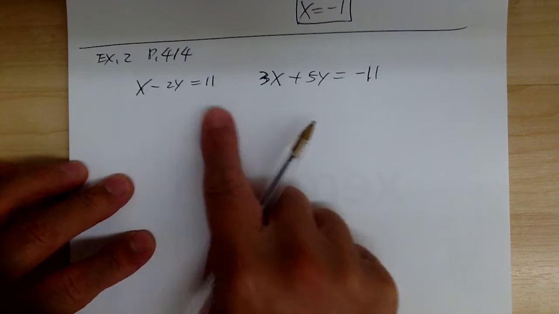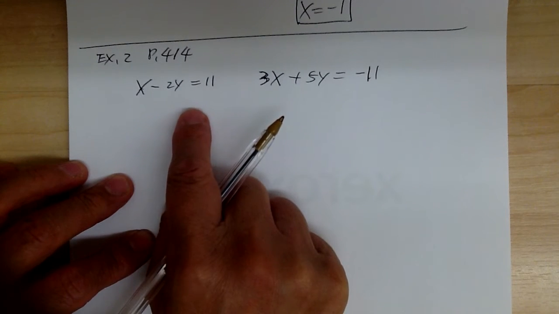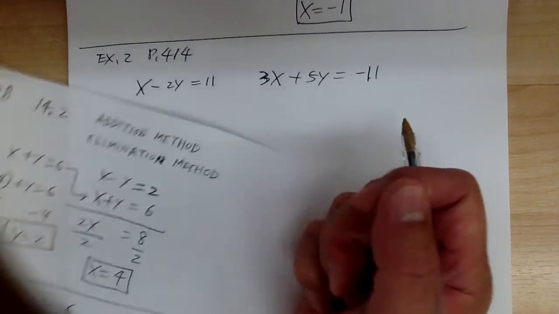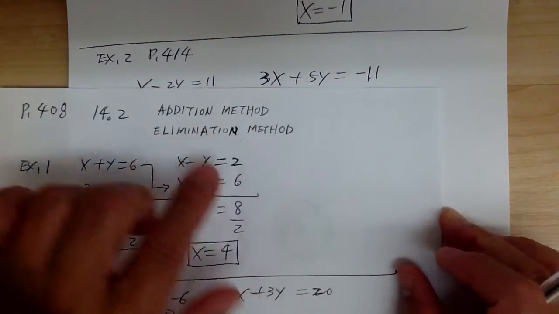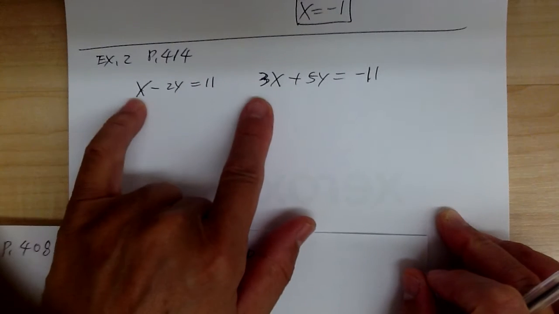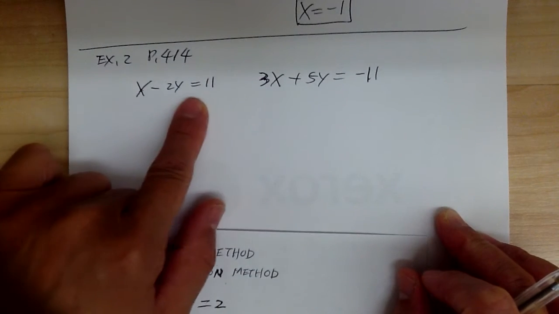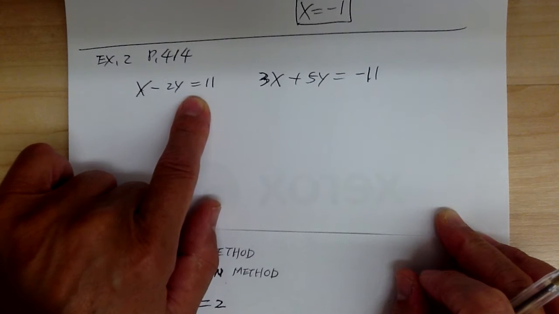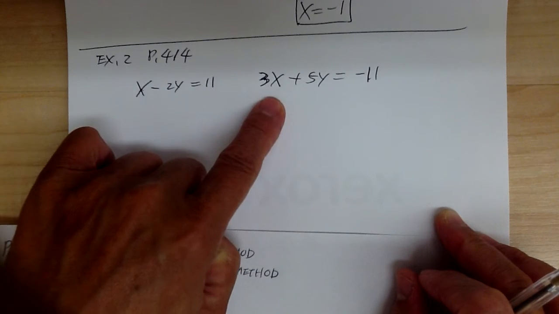So I'm going to use the new method. But normally you want to use the old method because, like I said, the two equations are similar, so you can just make the x opposite. Multiply this by negative 3, then it becomes minus 3x, and you can add to eliminate.